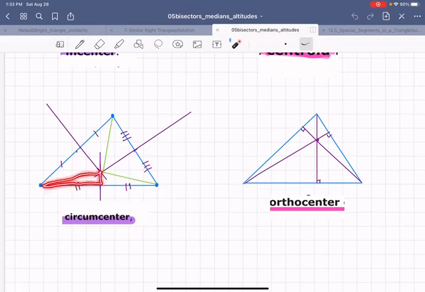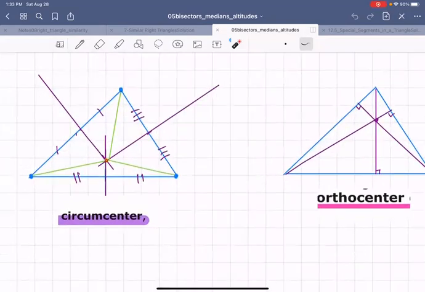This triangle is congruent to this triangle because they share the same side, reflexive property. These two pieces are equal, definition of midpoint. These angles are both 90 degrees. Right angles are congruent. So you can have SAS to prove these two triangles congruent.